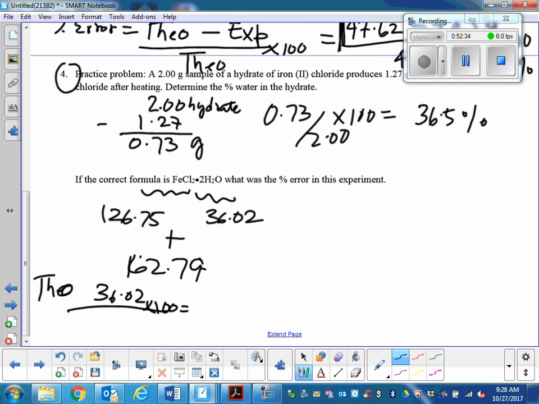Nobody's helping me. I didn't do the problem. Ms. Geeta, it should be 36.04. Okay. So 36.04 divided by, can you see these numbers or not? Okay. 36.04 divided by 162.79 times 100. What is the answer?